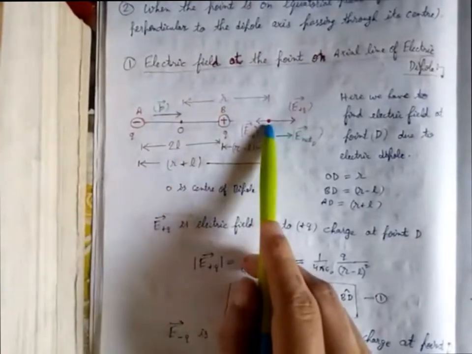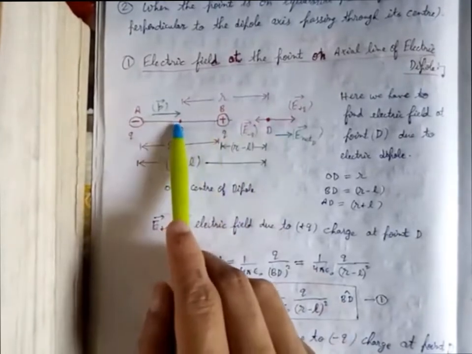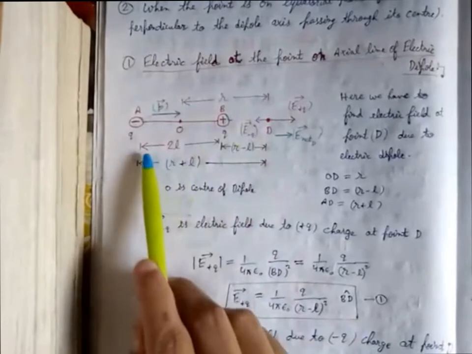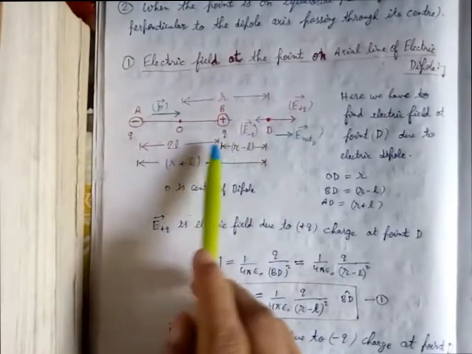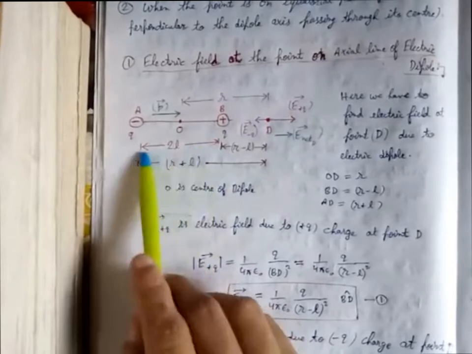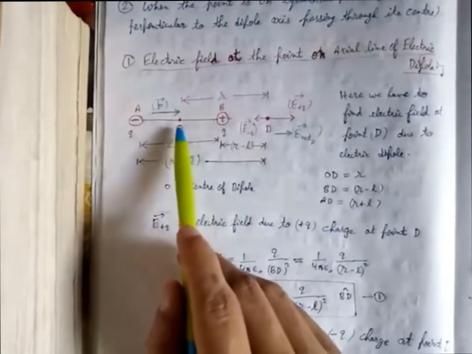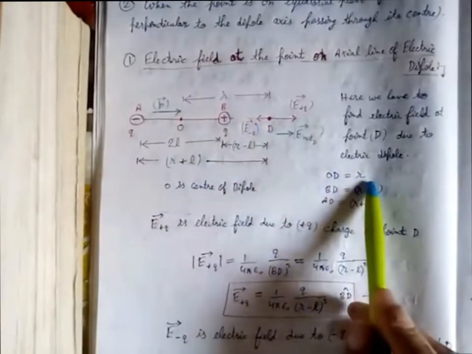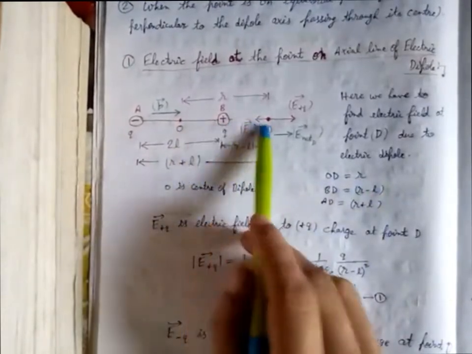So this point D is at r distance from the center of the dipole, and the separation between the two charges of the dipole is 2L. The length of separation is 2L. So the distance OD will be equal to r. What is the distance BD?